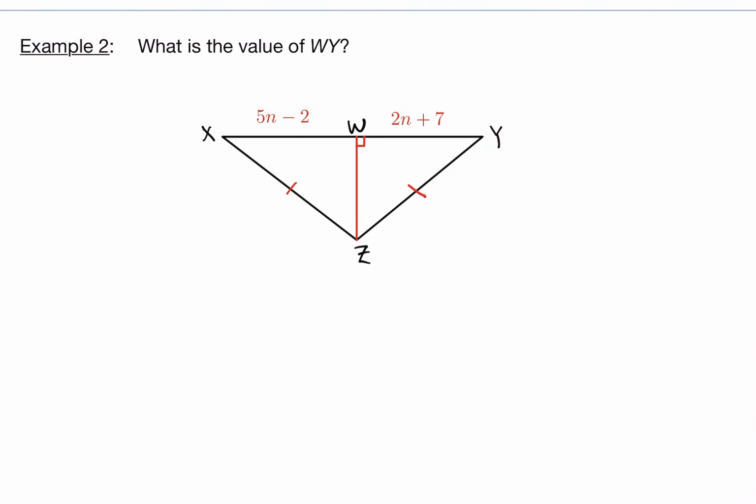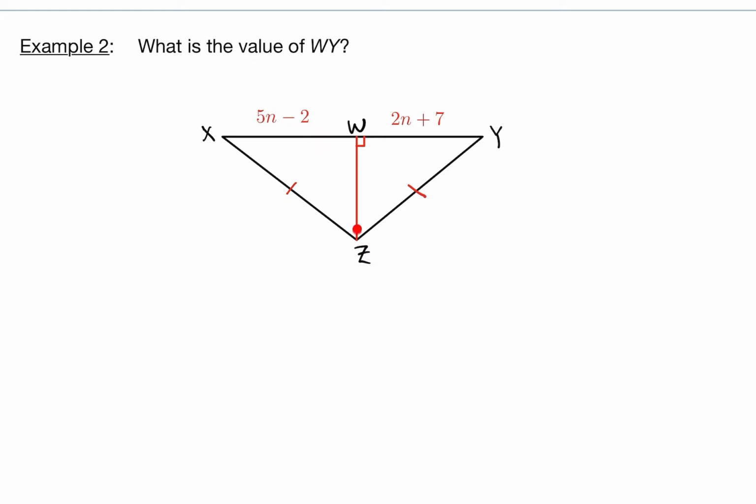Here in example 2, we need to figure out the value of WY. In the converse of the bisector theorem, we are told that if the distance from a point to the ends of the segment, so from Z to X, if this distance is equal to this distance, ZY, then this point must be on the perpendicular bisector.